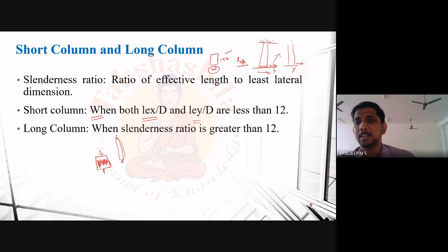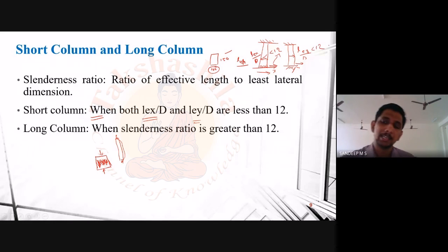On the other hand, when we look from the other side, the conditions are different. So basically we have to ensure that in both these cases, the first one, LEX divided by the least of these two dimensions, if this is the least dimension, you substitute it as D. This ratio, as well as LEY divided by D, both these quantities should be less than 12.